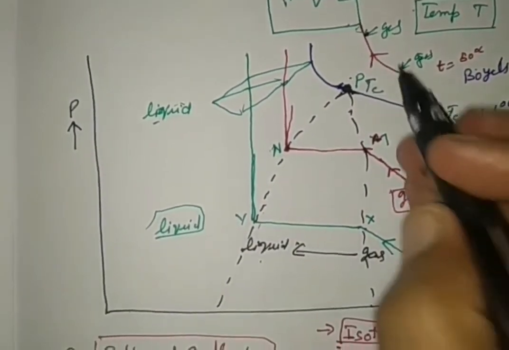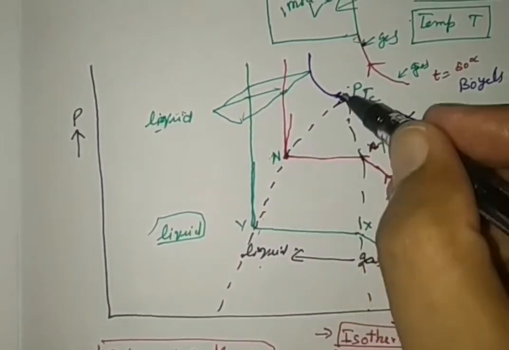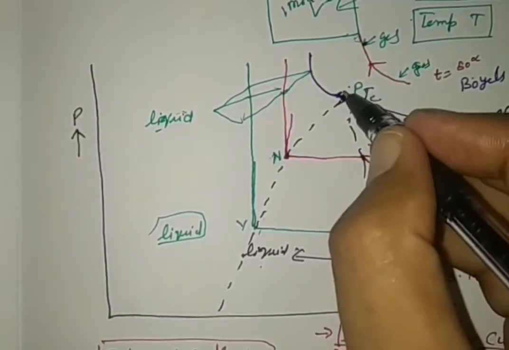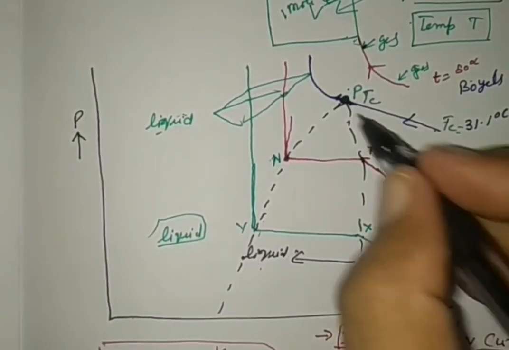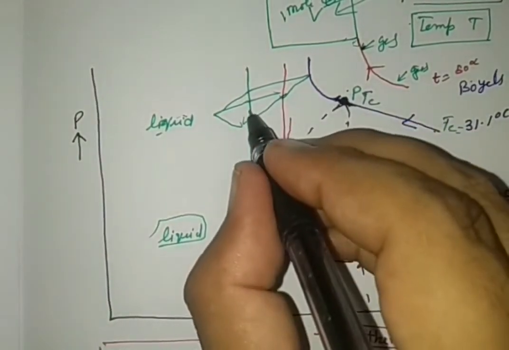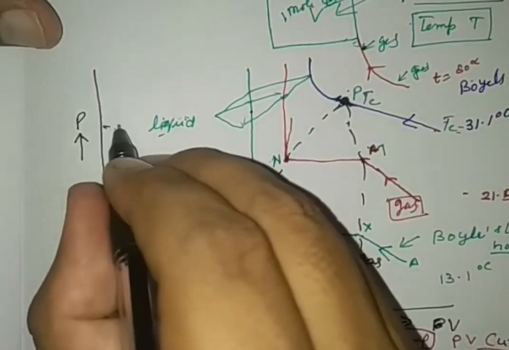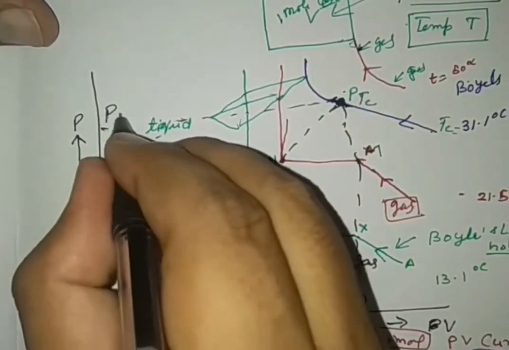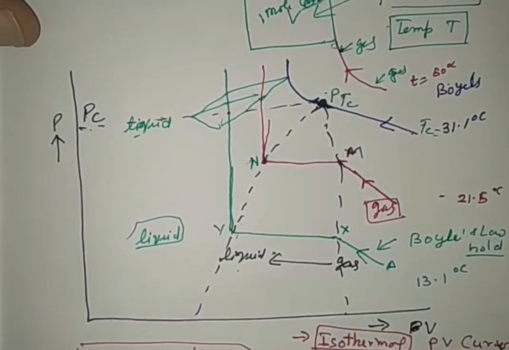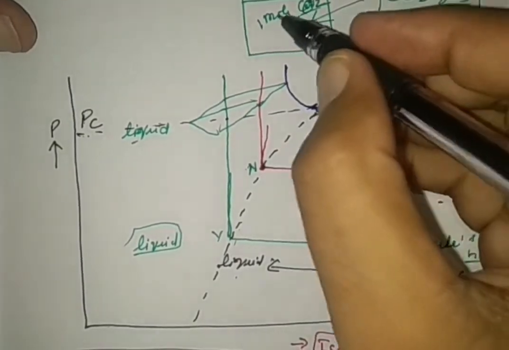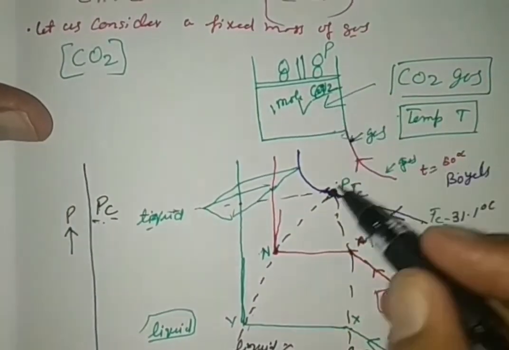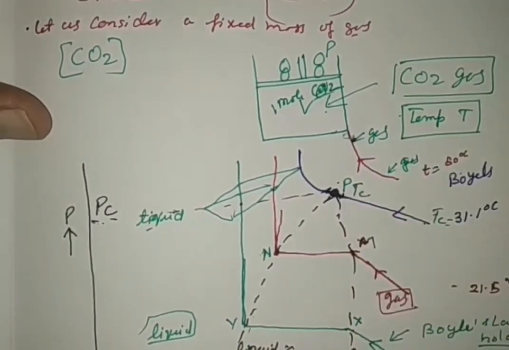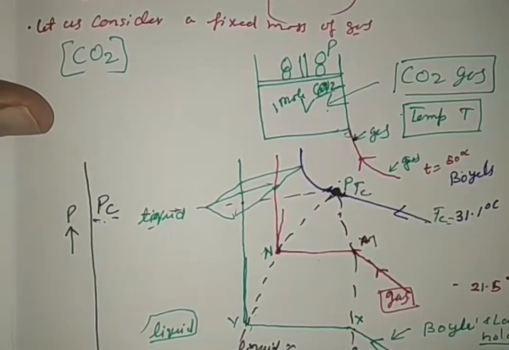Below this the liquefaction takes place at this temperature. This temperature is called critical temperature. The pressure applied here is the critical pressure Pc, and if it is 1 mole of a gas at critical pressure, the volume of the gas is called critical volume for 1 mole of a gas.